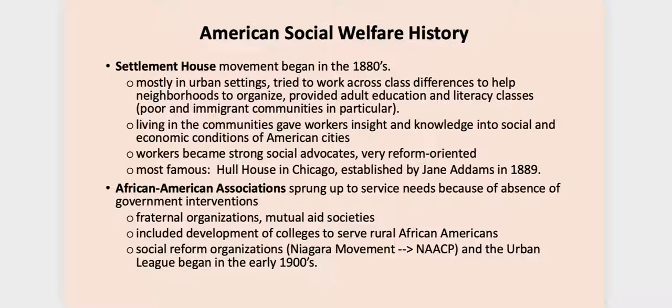Many were immigrant neighborhoods also, with a lot of work with immigrants to organize and provide adult education and literacy classes. It was recognized even in those days that immigrants were being taken advantage of because they didn't know the language, so there were English lessons and lessons about a lot of different kinds of things that were intended to help them be more effective in their community.